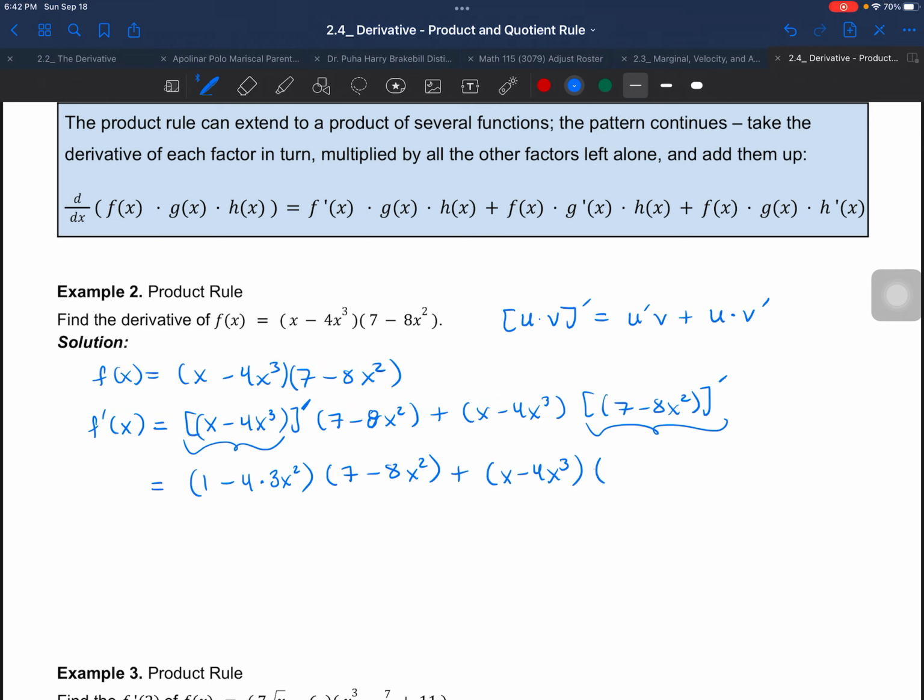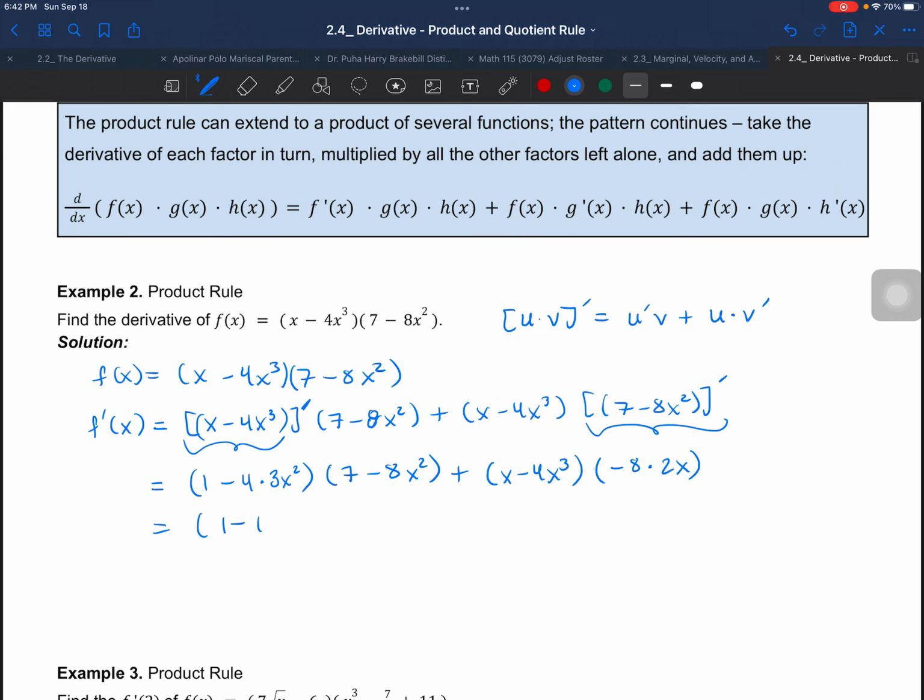Now I'm going to take the derivative of the second one. The derivative of 7 is 0, and the derivative of negative 8 times x squared will be negative 8 times 2x. Again, I'm going to put parentheses around that one to remind you that it's supposed to be grouped.